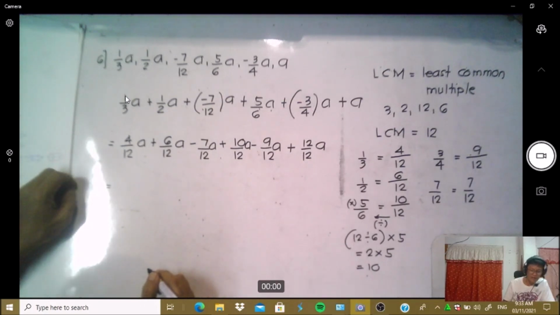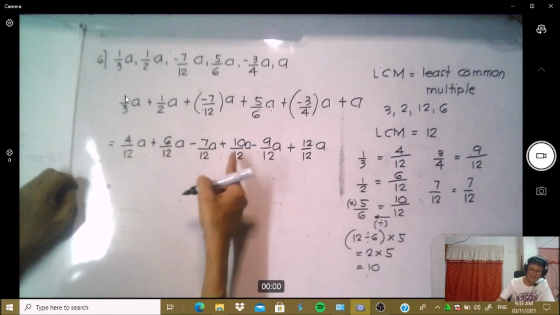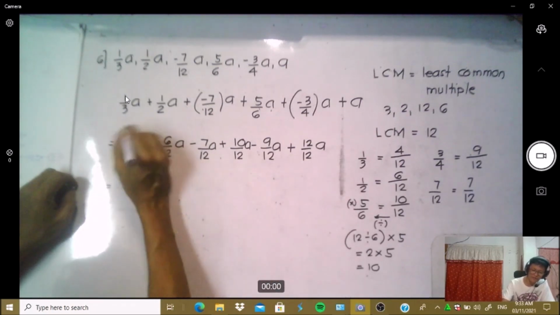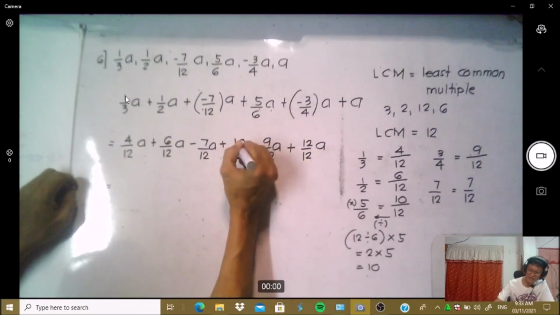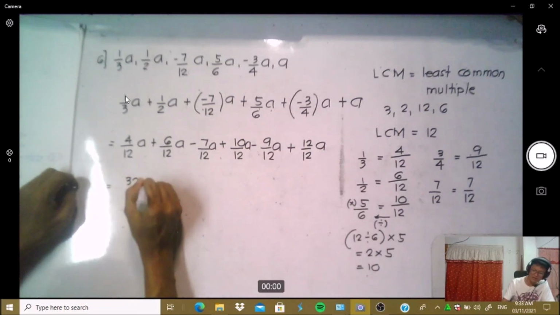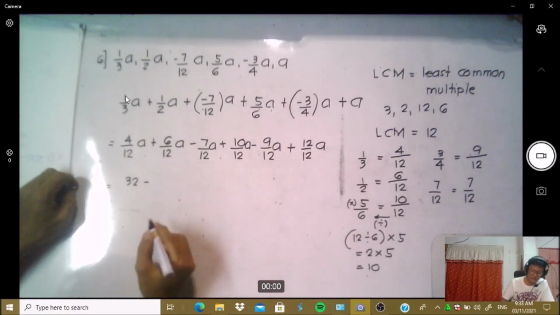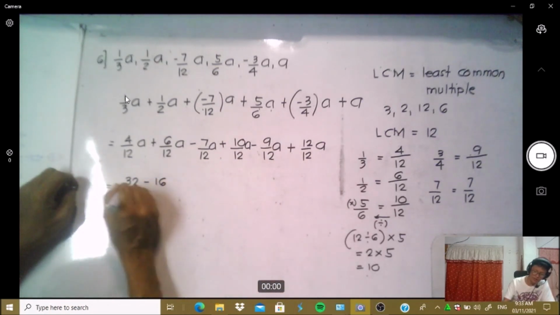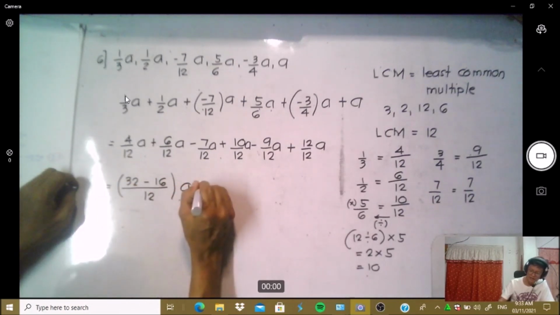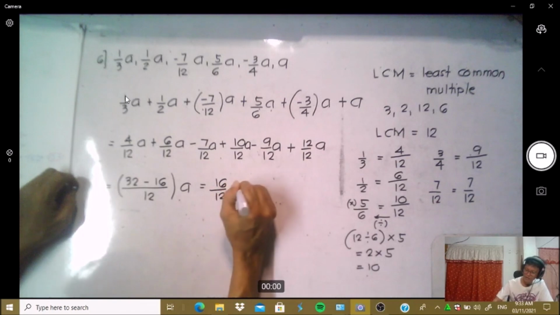We can add all the positives first: 4 plus 6 plus 10 is 20, plus 12 is 32. Then minus 7 and 9, and 9 plus 7 is 16, so 32 minus 16 is 16 over 12, multiplied by A. Our answer is 16 over 12 of A.